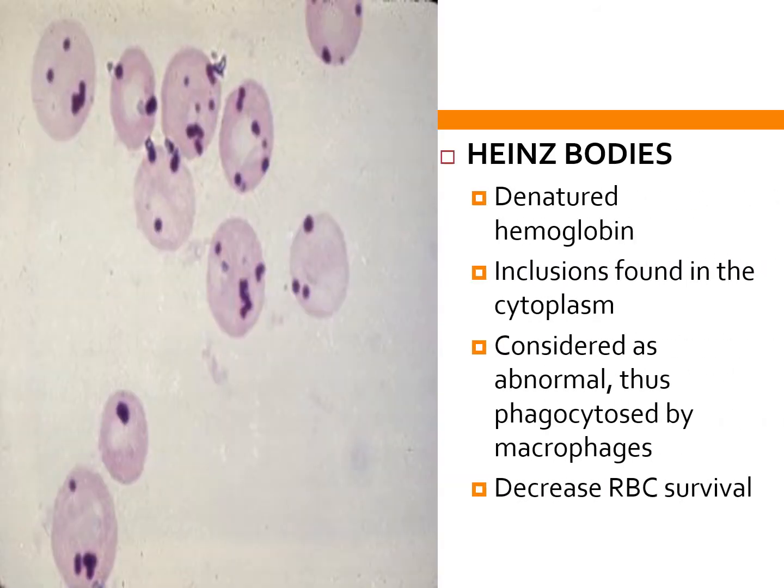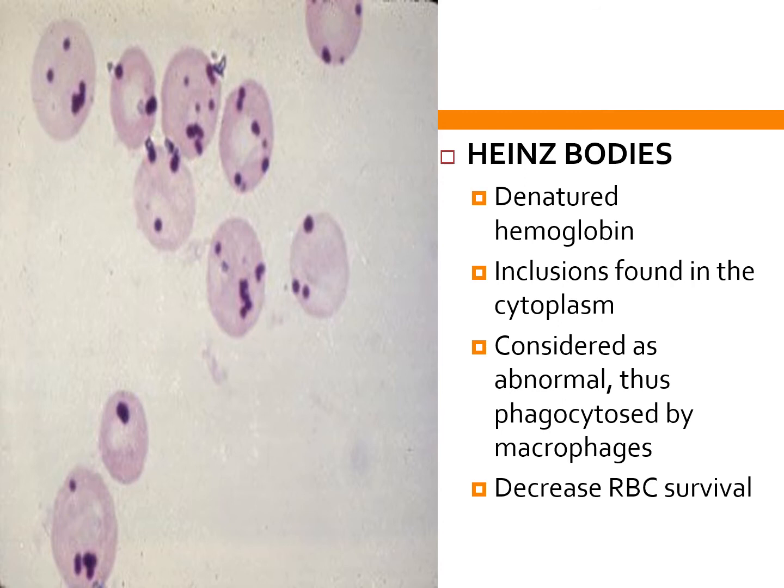So what are Heinz bodies? In the picture you have the Heinz bodies. It is an RBC with inclusions, your Heinz body inclusions. They are actually denatured hemoglobin. They are usually found in the cytoplasm of your RBC, and they are considered abnormal.